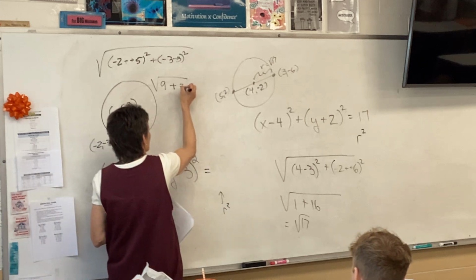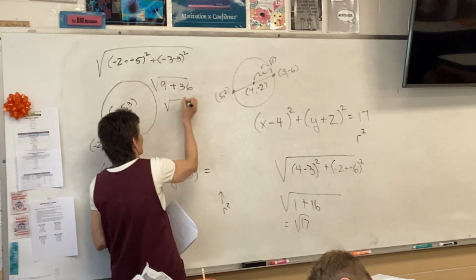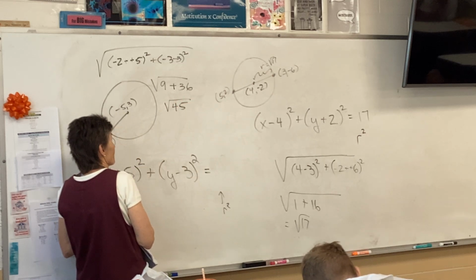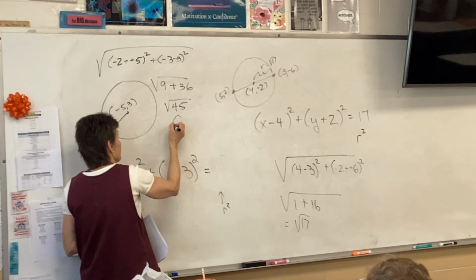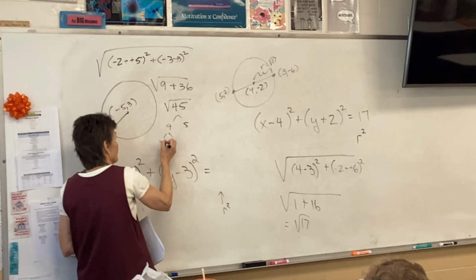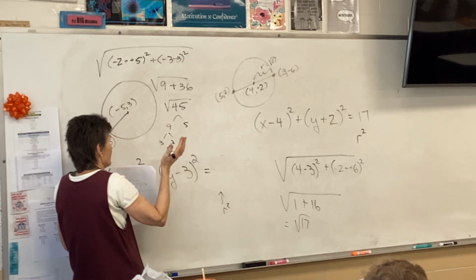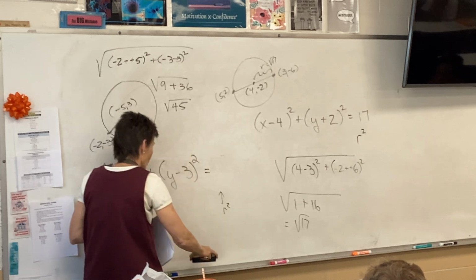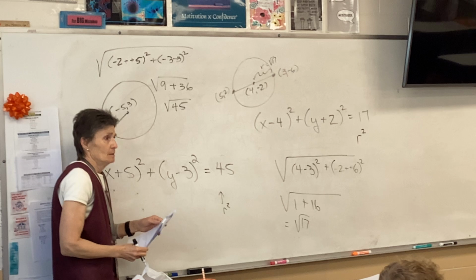Squared is 36. Oh, I don't even need to do that. What am I doing? It's the square root of 45. I'm writing the equation, so plain 45 goes here. And that's it.